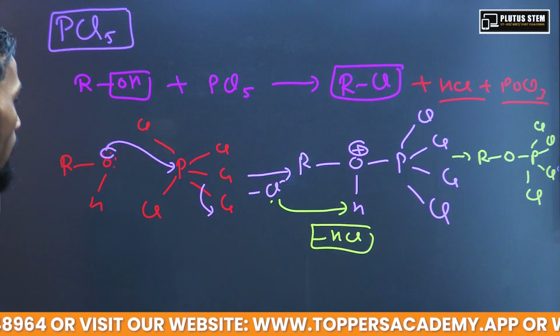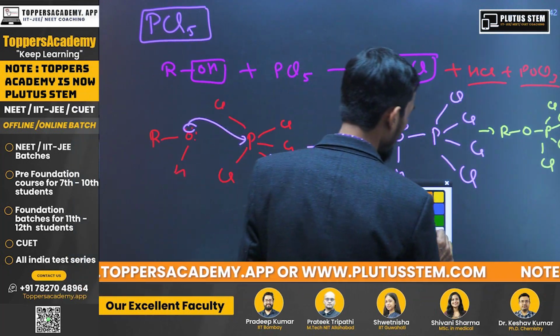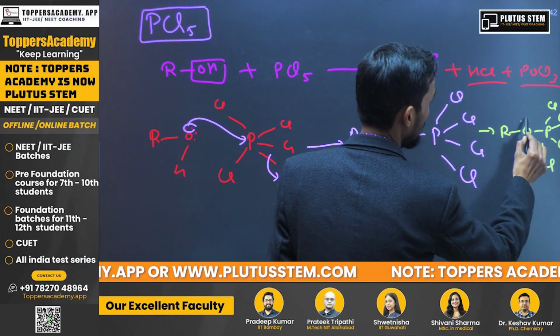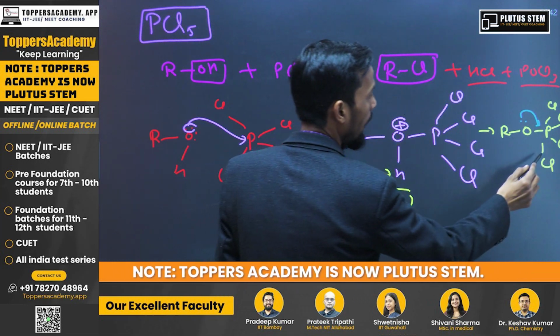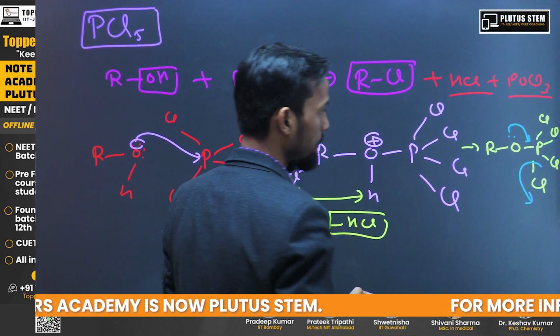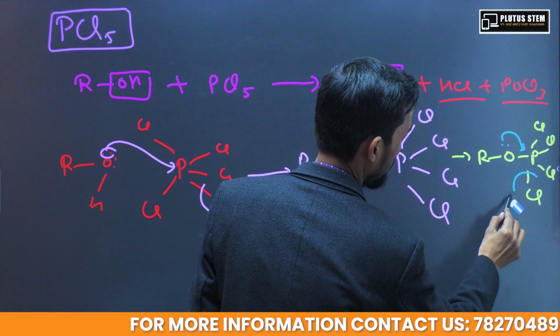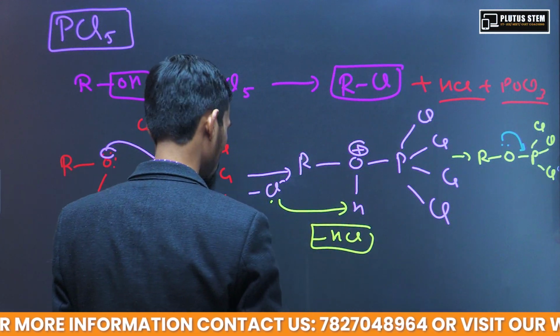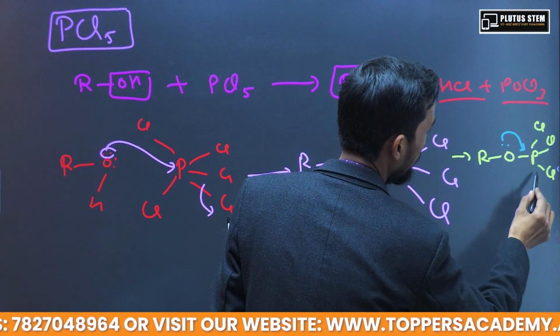So in the next step, what will happen? This oxygen has a lone pair of electrons, so it will try to do the conjugation, and this lone pair will come over here, and this Cl can leave over here. One, two, three, four.